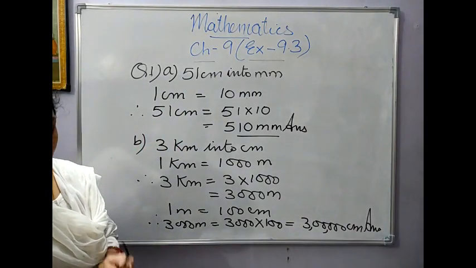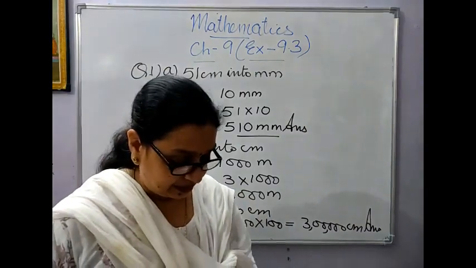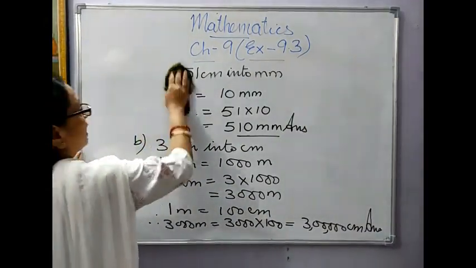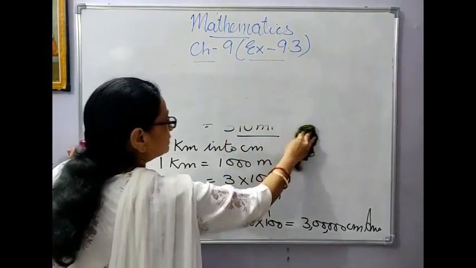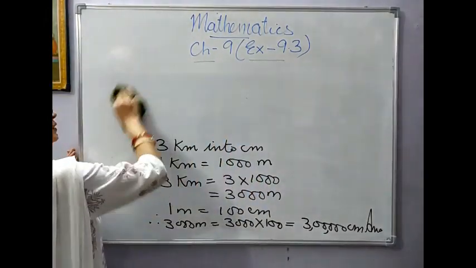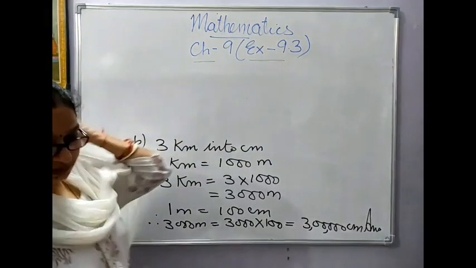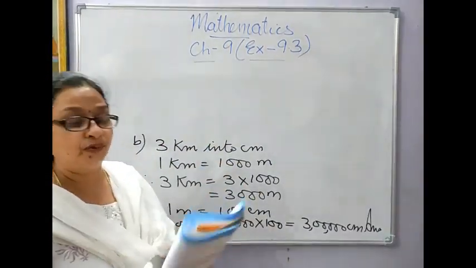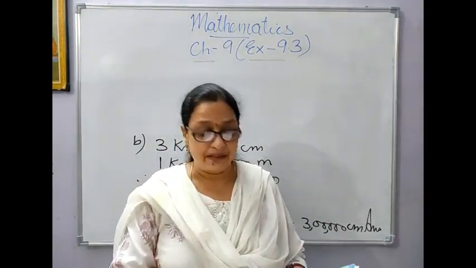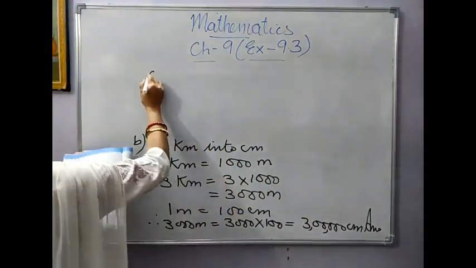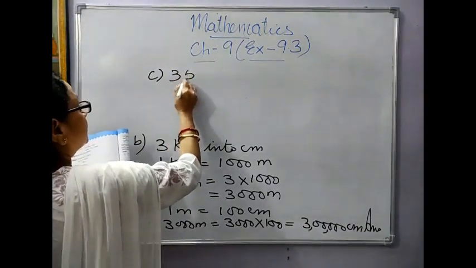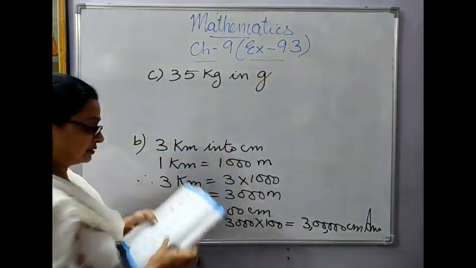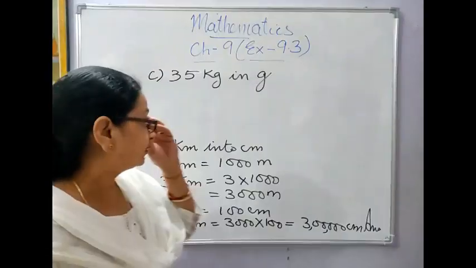Okay, then sum number C, of the same question and same exercise. All the sums you will be doing in the similar manner, because we only have to multiply. There is no change in the question. Only you have to understand and learn the relationship. So sum number C, 35 kg into grams, that is 35 kilograms into grams.